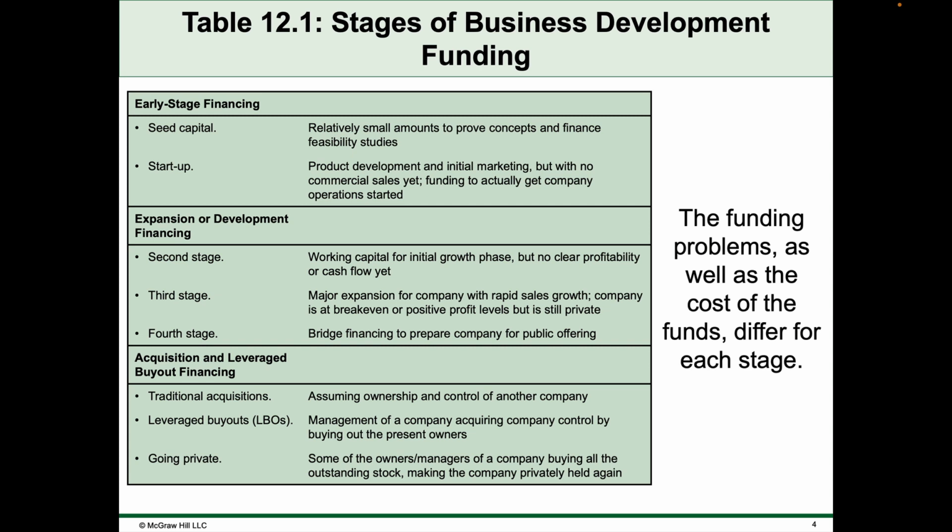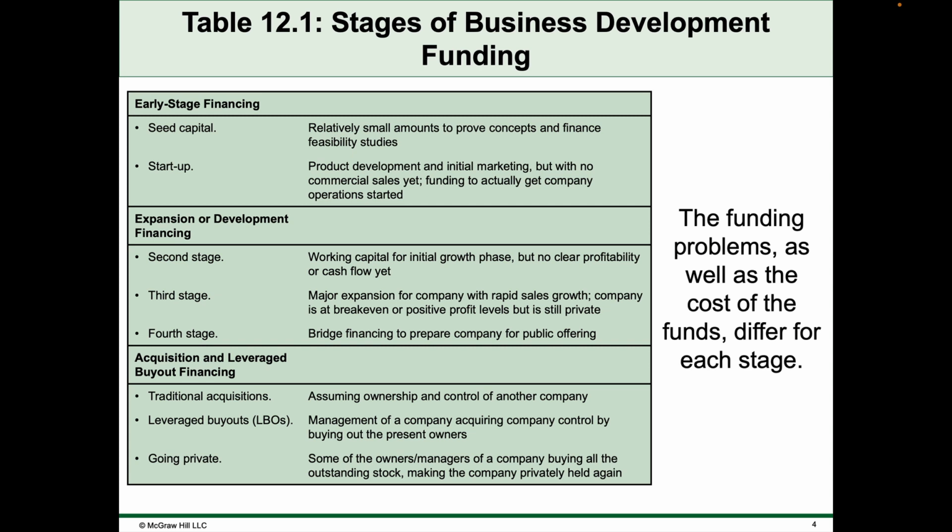Obtaining early stage financing is challenging. There are two types of capital at this stage: seed capital and startup capital. Seed capital is the most difficult to obtain, and it's usually a small amount for proof of concept and market feasibility studies. Venture capital firms are rarely involved in seed capital, except to fund a high-tech entrepreneur who perhaps has had previous success.